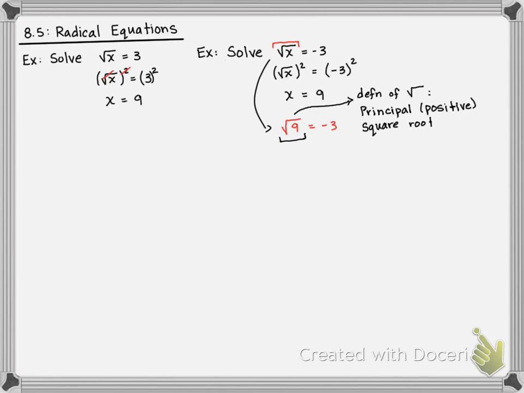I can put a negative sign in front of the symbol if I want it to represent a negative, but the symbol itself always represents a positive. So this is always positive.